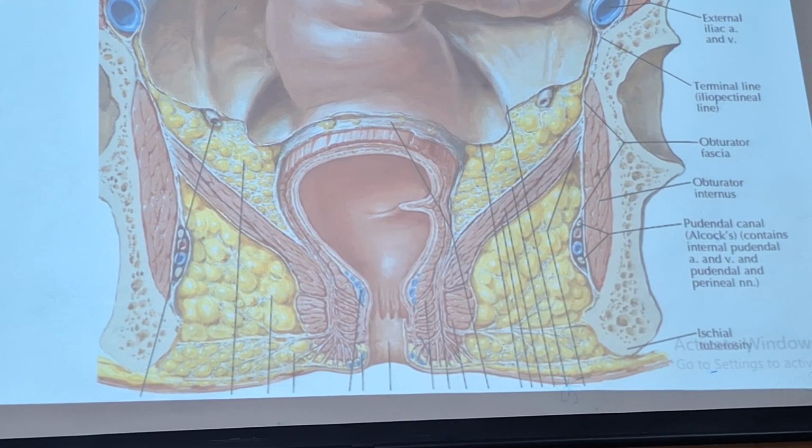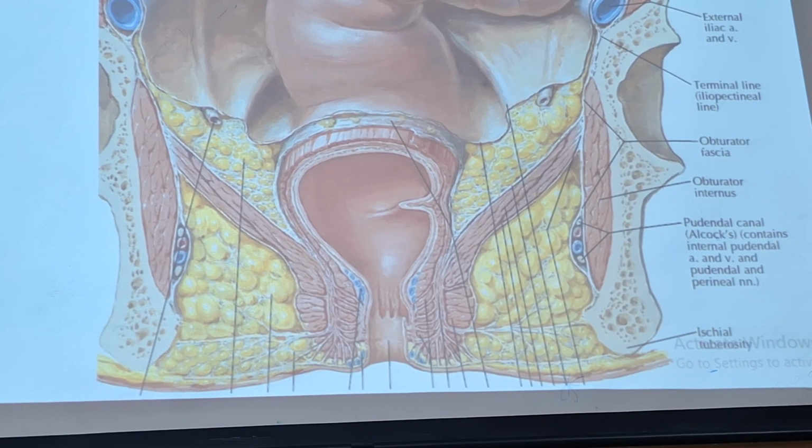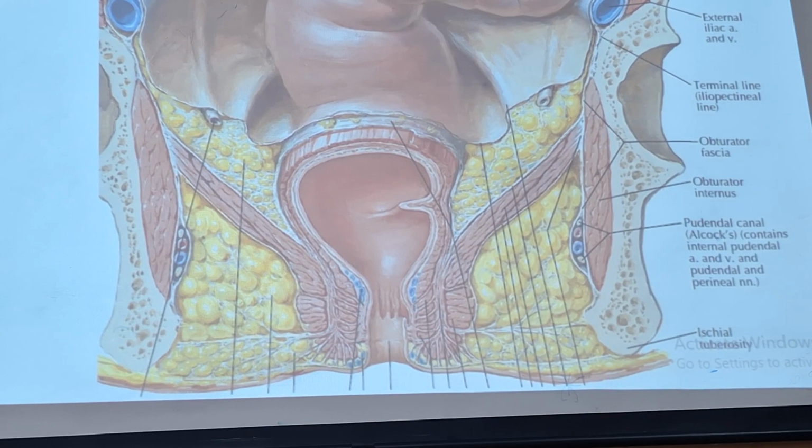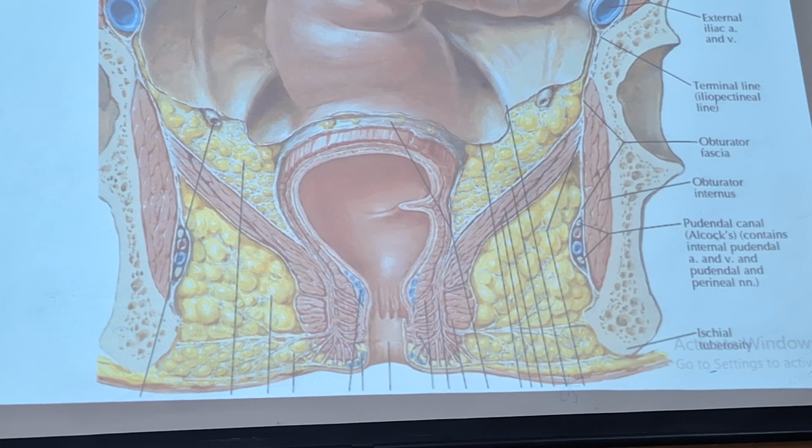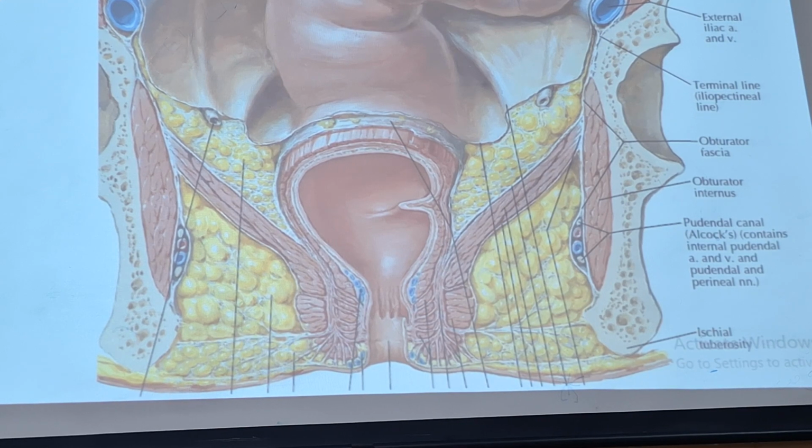Some part of the sacrotuberous ligament at this area contributes to make this channel, which is named the falciform process. The falciform process is some part of the sacrotuberous ligament which contributes to this area.